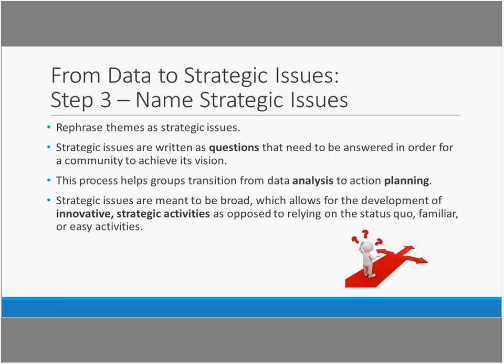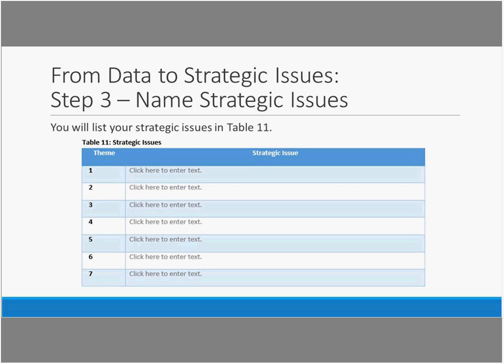Another point about strategic issues is that they're meant to be really broad, and the reason for that is that a broad question helps you develop innovative and strategic activities instead of relying on what's familiar or the status quo. We want to open up this broad question to the community about what can we do around this issue that we're seeing in our data that we think is important to address within our community.